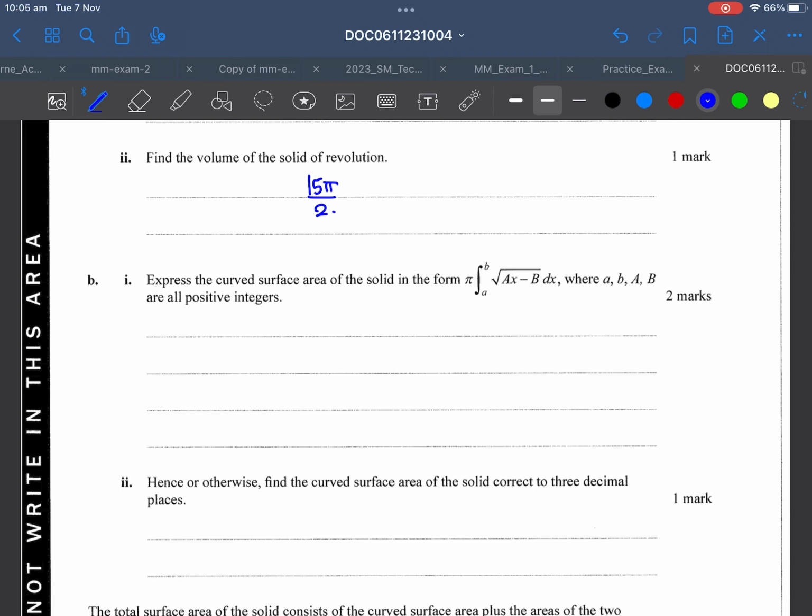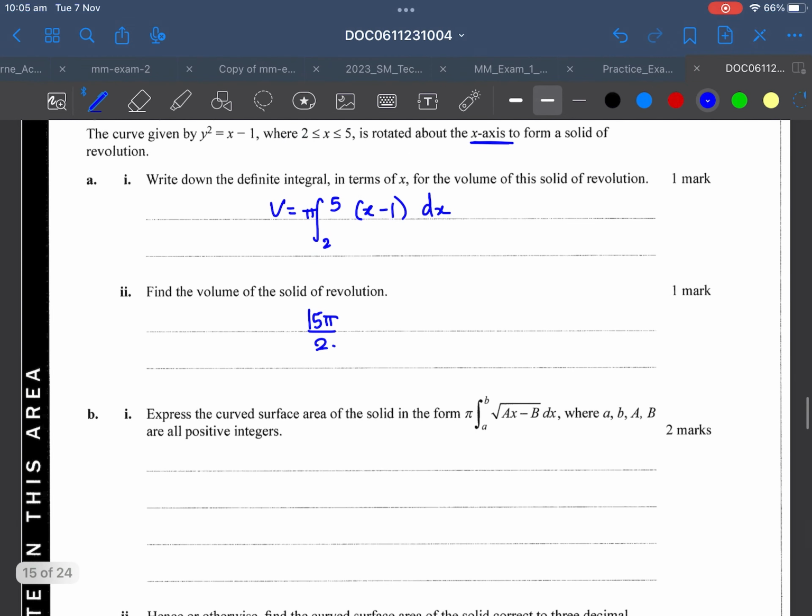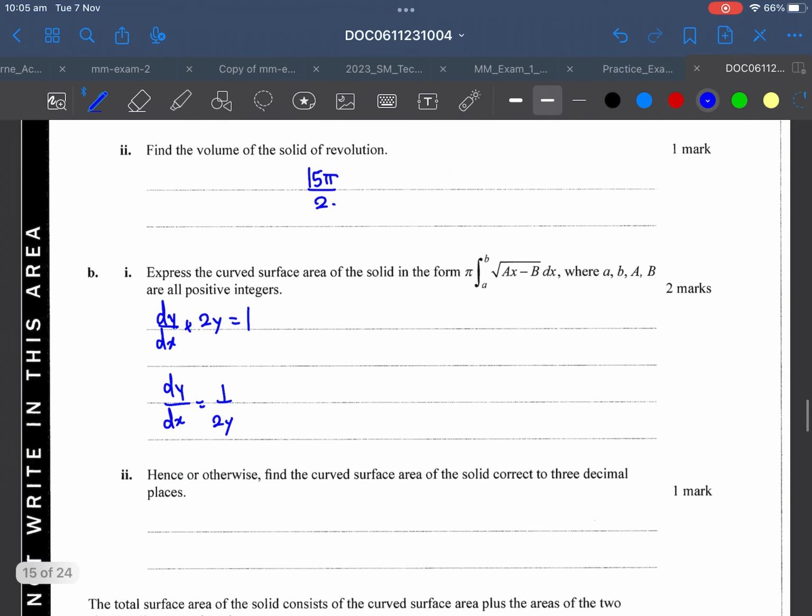So let me just get the formula up real quick. So our surface area formula is going to be, okay, I have it now, but I have to calculate dy/dx first. Well, dy/dx times 2y equals 1, so dy/dx equals 1 on 2y. Implicit differentiation for the win.